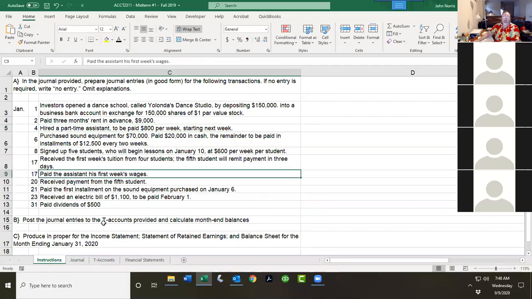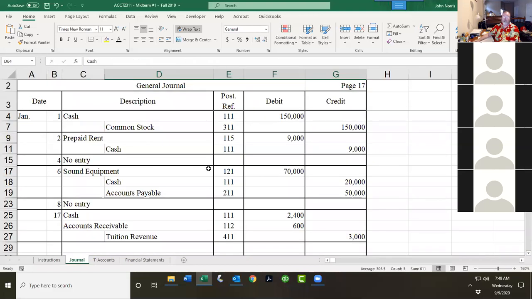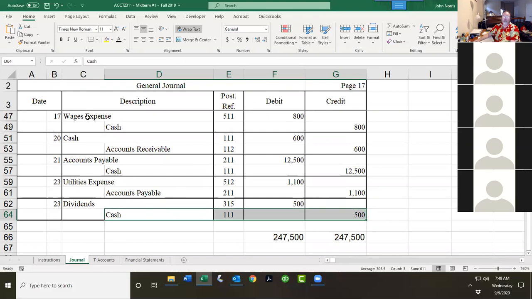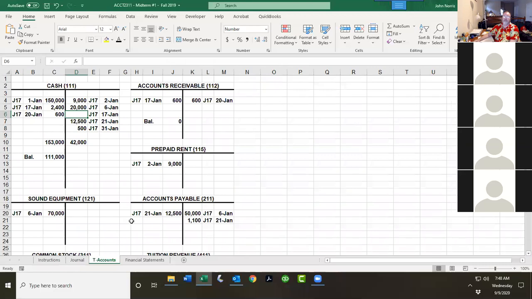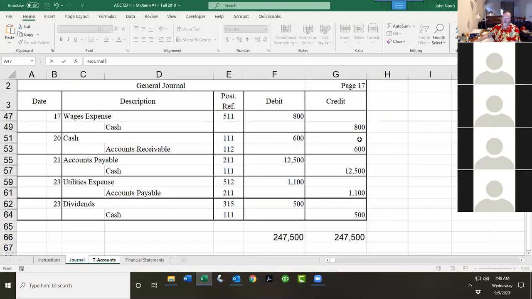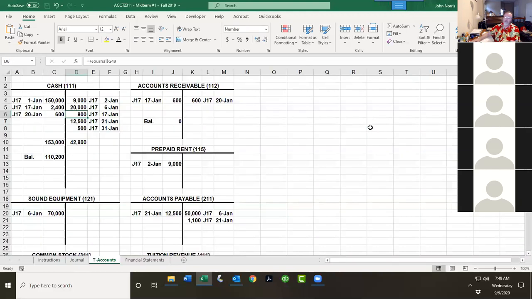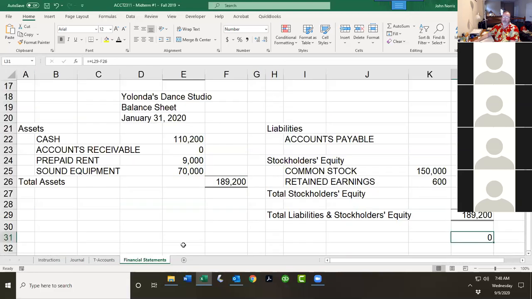So go look at your journal entries first and see whether or not you correctly wrote that journal entry with both a debit and a credit. You can see here that it was, and then look at your T accounts and make sure that both of them have been posted. And you'll see that no, the $800 is not posted to cash, and that is your problem. Put that in, and you'll see that once again, it balances.